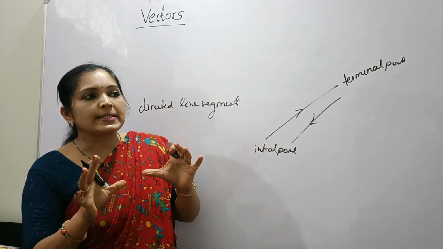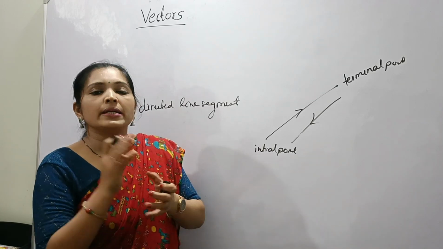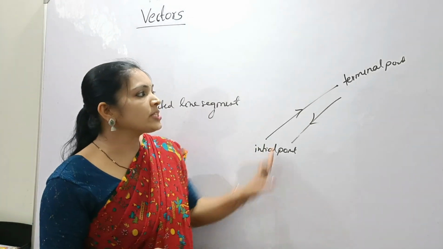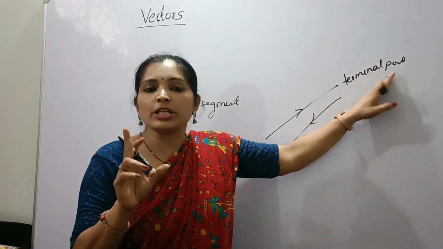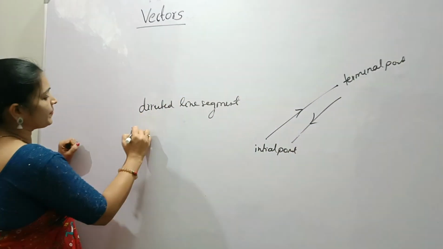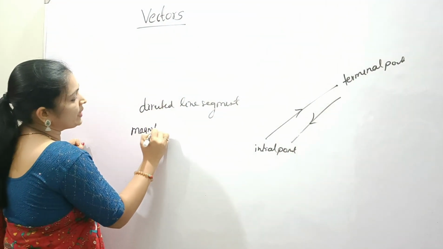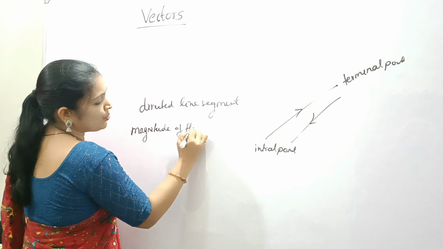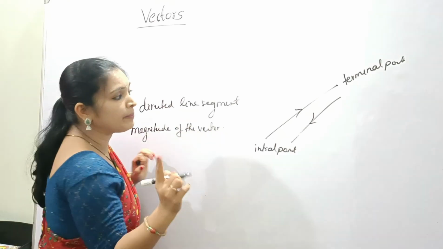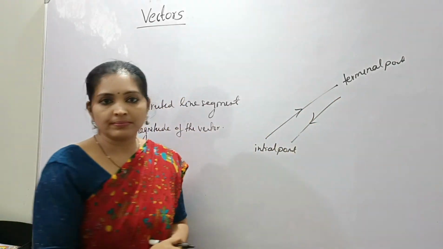The distance between the initial point and the terminal point is called the magnitude of the vector. So what is the magnitude here? Magnitude of the vector is nothing but the length of the line.